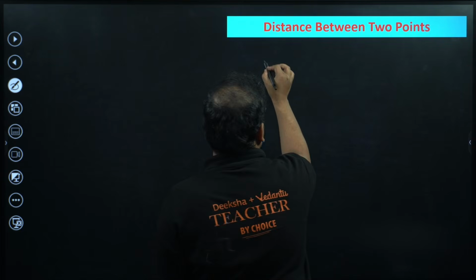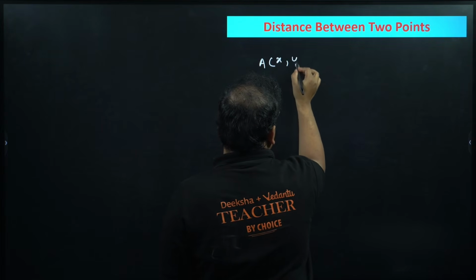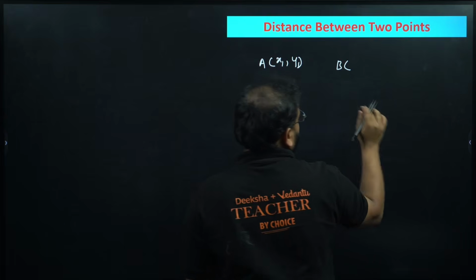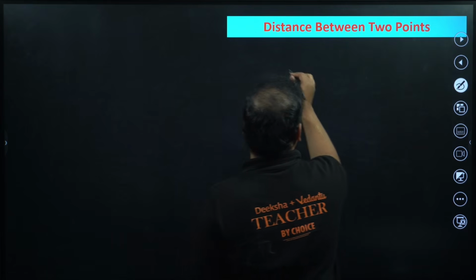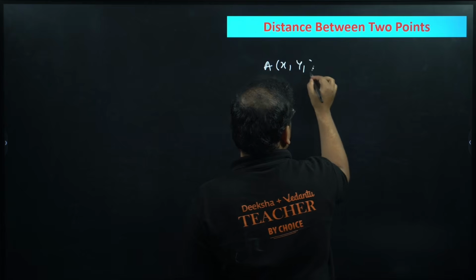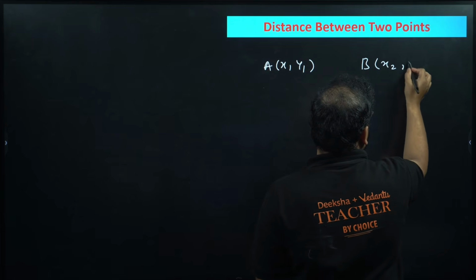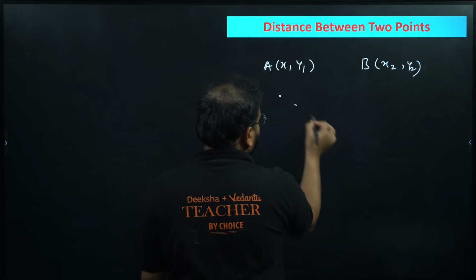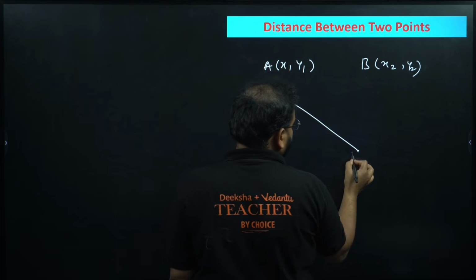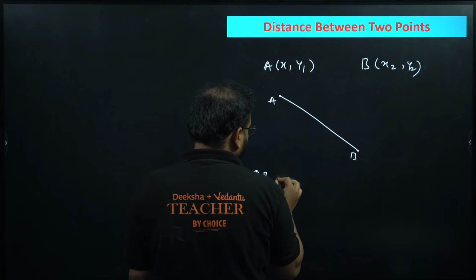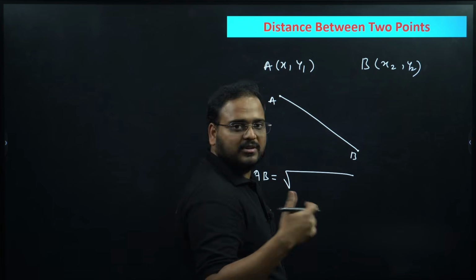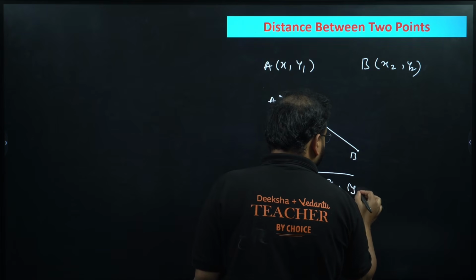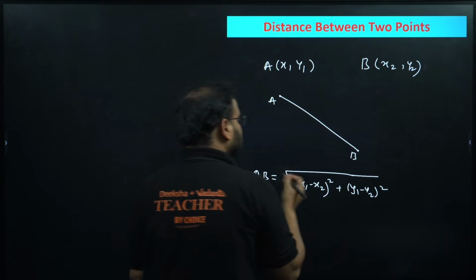If I have point A, x1, y1, and point B, x2, y2, and we're talking only about 2D space, meaning in a plane, then the distance between the points A and B is given by this formula: AB equals root of x1 minus x2, or x2 minus x1, does not make a difference, the whole square, plus y1 minus y2 the whole square. This represents the distance between any two given points.